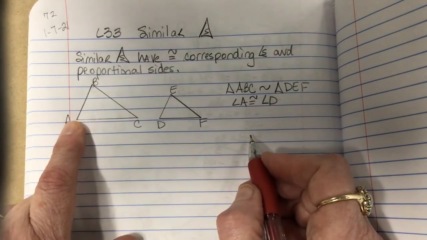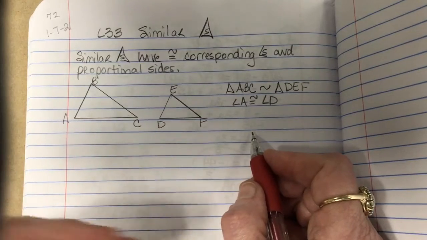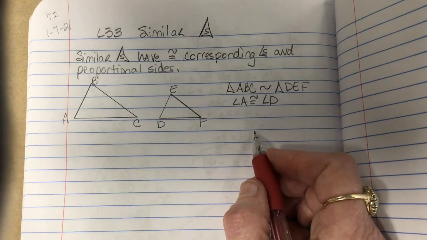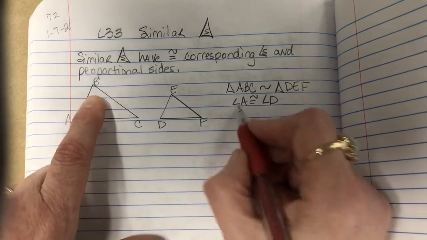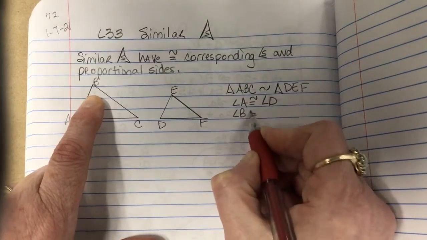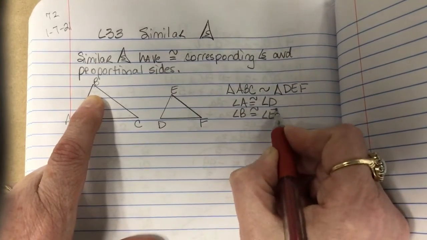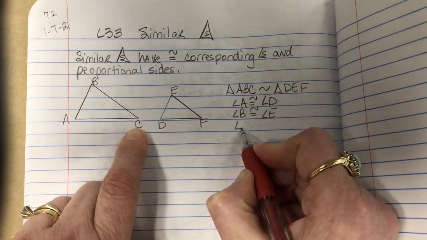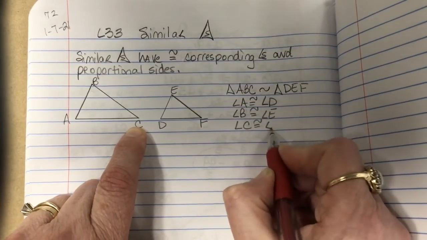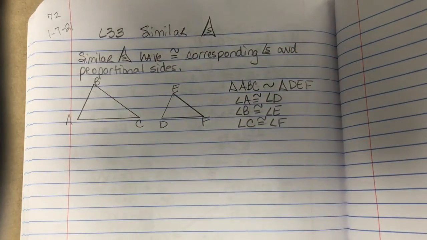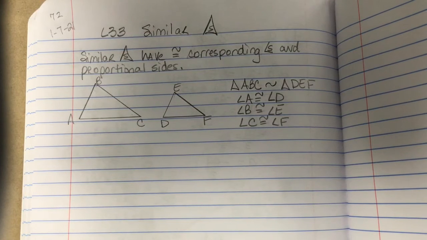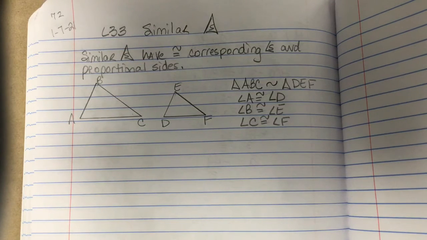So if this is 60 degrees, that has to be 60, because they have to add up to 180. Their angles are always going to be the same. Angle B would be congruent to angle E, and angle C would be congruent to angle F. So you still got to be able to know what we're talking about in that case.